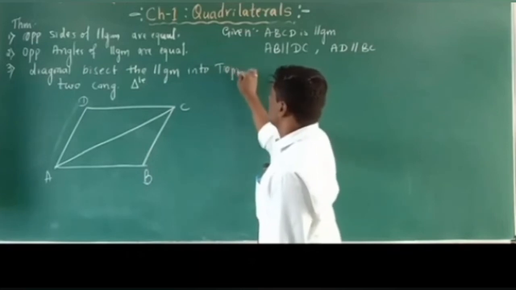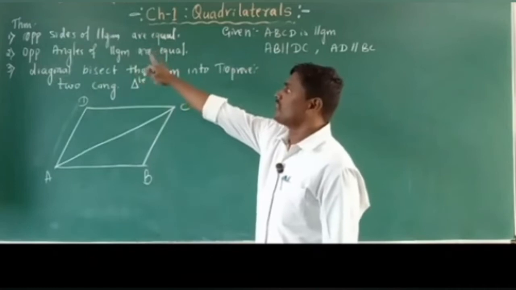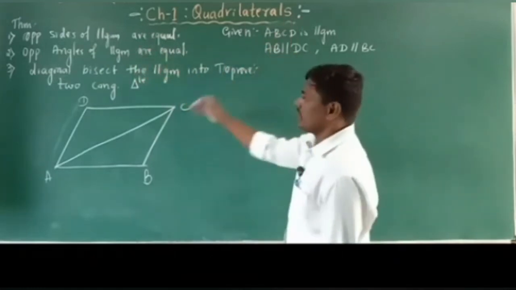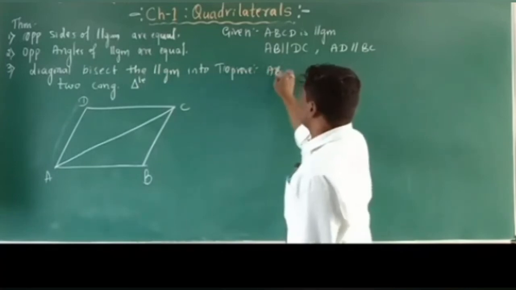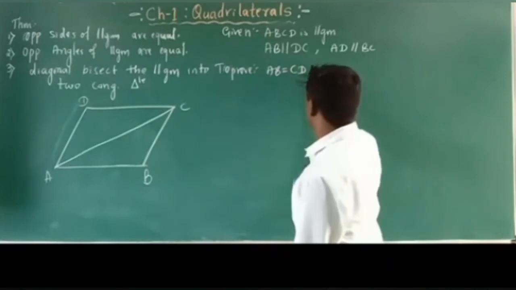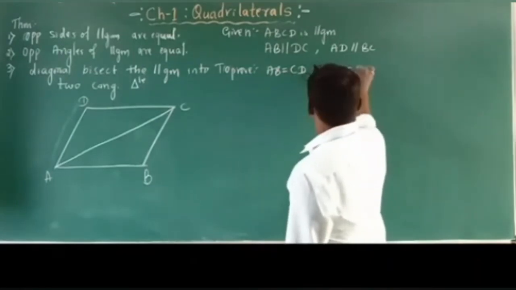Next, what we need to prove here. The first statement: opposite sides of the parallelogram are equal. What are the two opposite sides here? AB is equal to DC, and one more pair, AD is equal to BC.